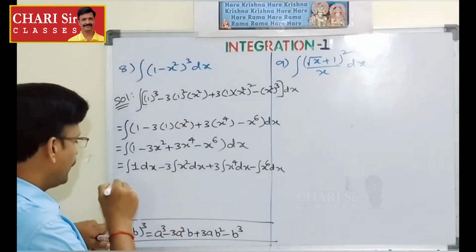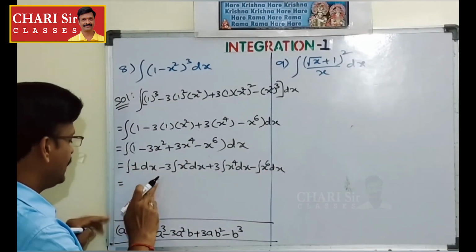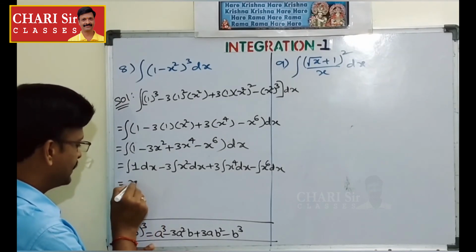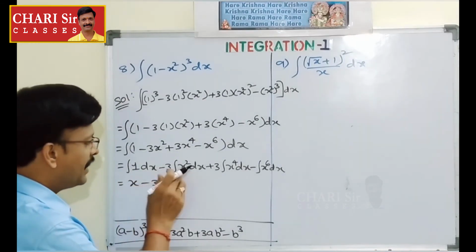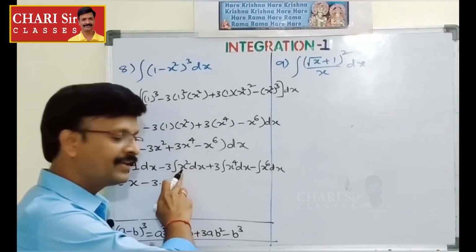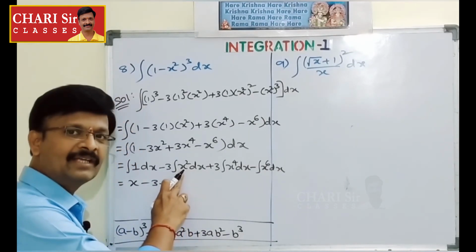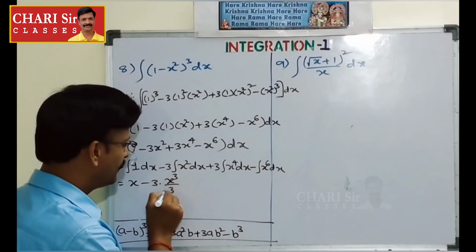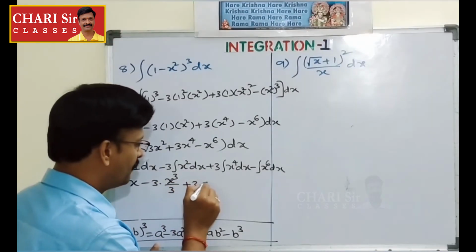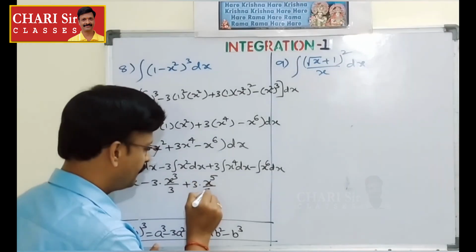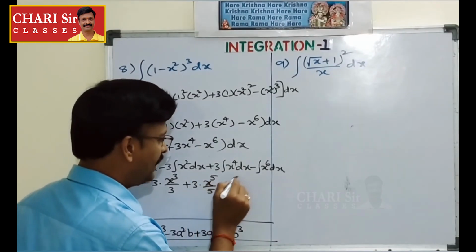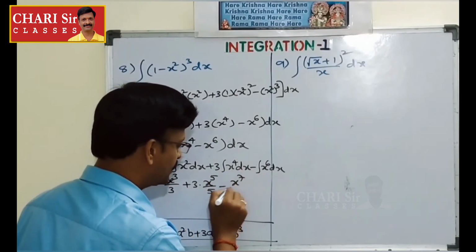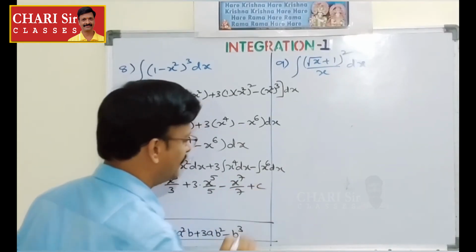So now integration of 1 dx is nothing but x, minus 3 into integration of x square. Integration of x square means, using the x to the power of n formula, x to the power of n plus 1 by n plus 1, that is x to the power of 3 by 3, plus 3 into x to the power of 5 by 5, minus x power 6 is there, so that is x power 7 by 7, plus c.